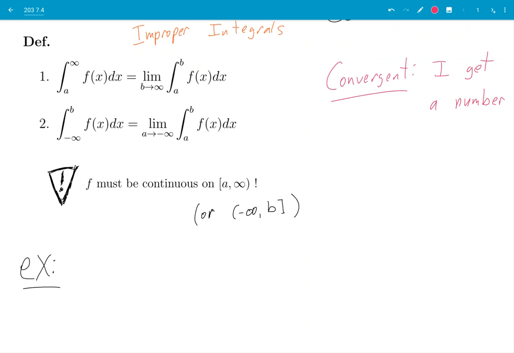I work out this limit, and some number comes out. Divergent is any other outcome. It often means infinity or minus infinity, but not necessarily. There are other situations.